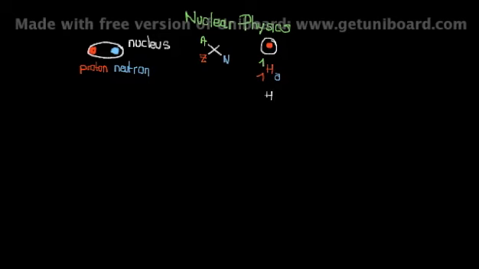When we have one proton and one neutron, we get another nucleus, which is an isotope. We can write it like this: one proton and one neutron, so we have here 2, and one proton and one neutron.